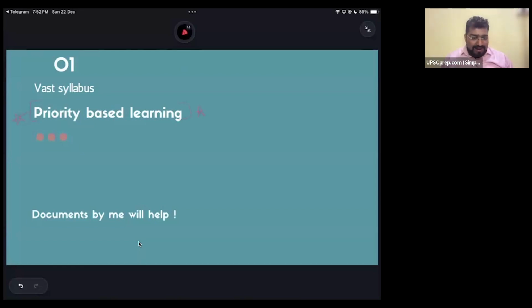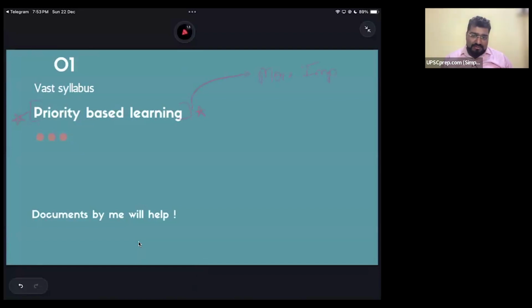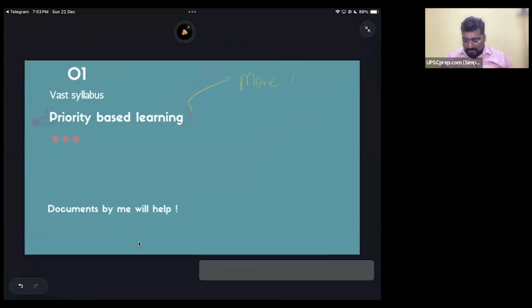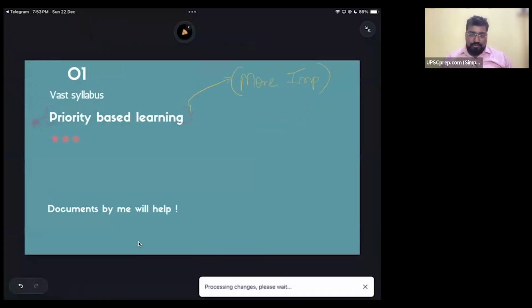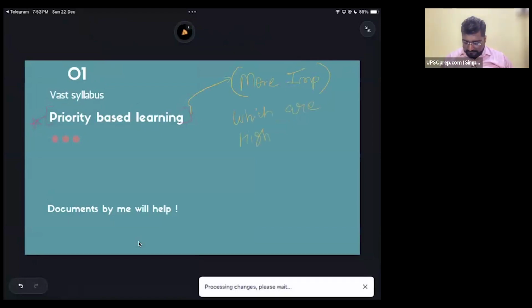What do we mean by priority based learning? It means give more importance to those particular topics which are at high priority.